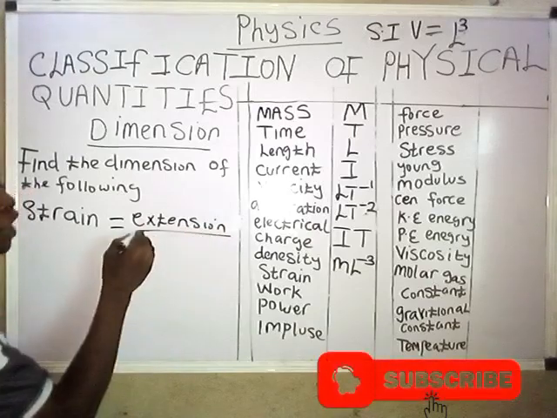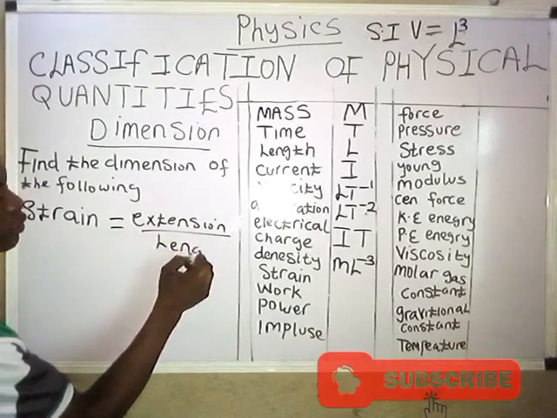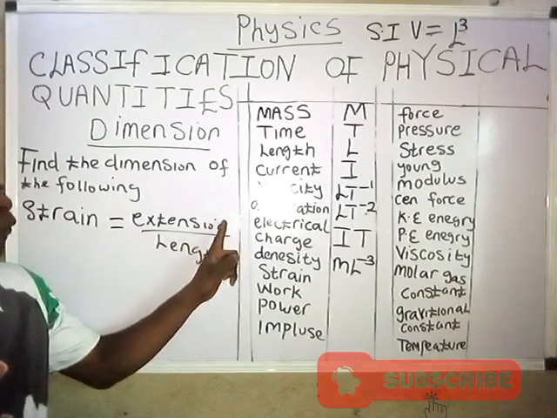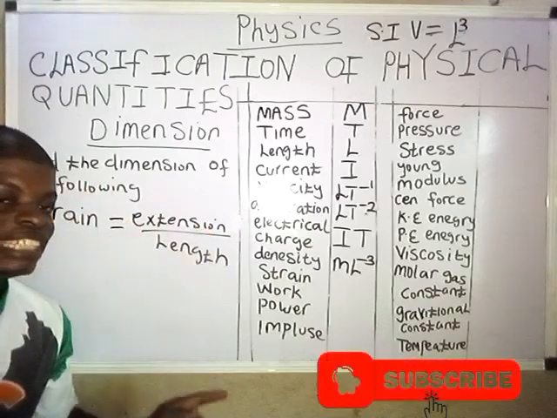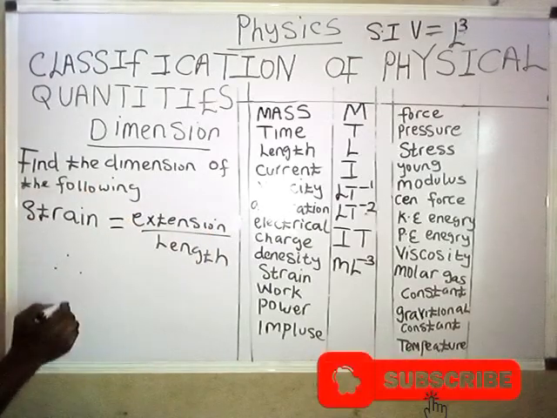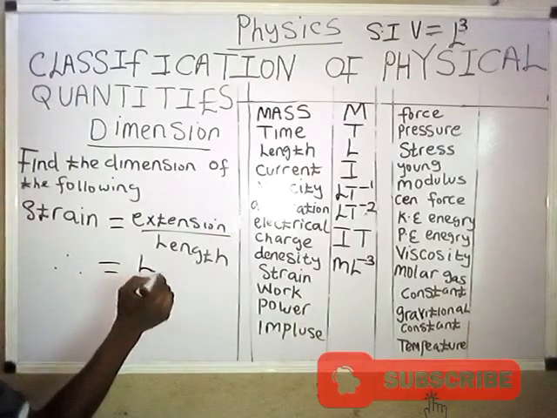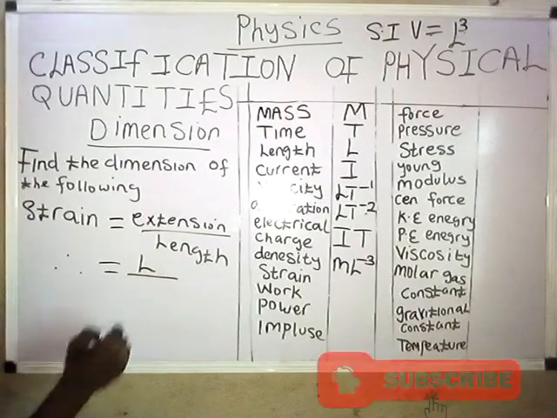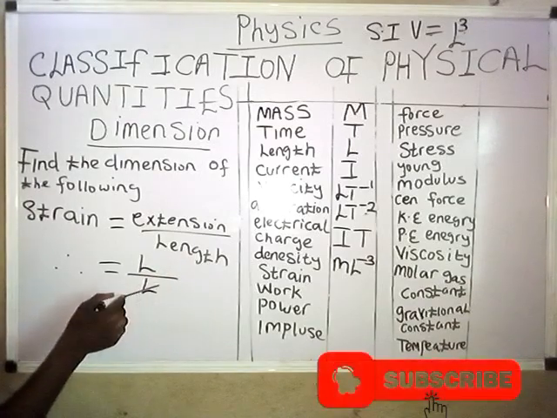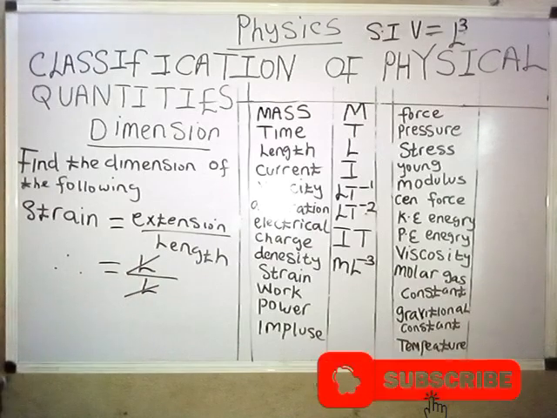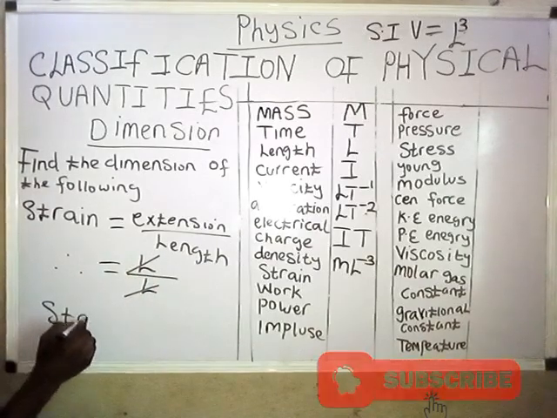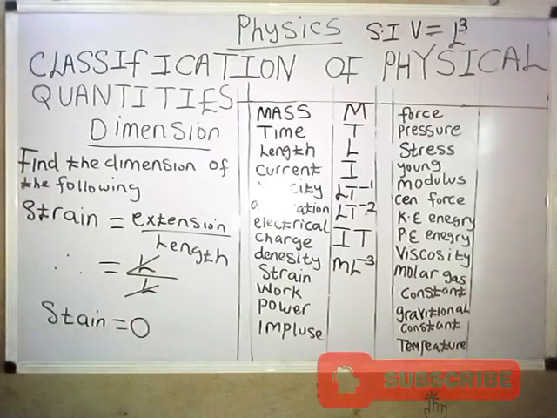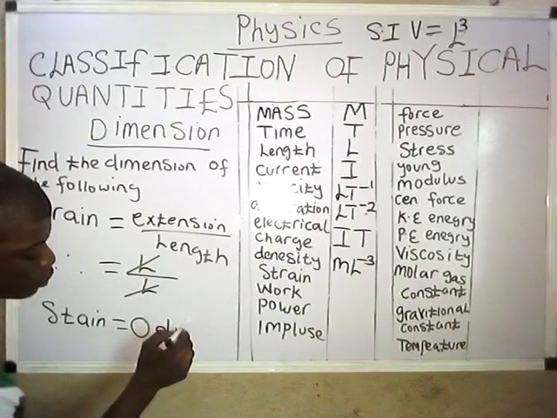The SI unit for extension is length, so extension is length over the dimension for length, which is L. So L cancels L. So we can therefore say that strain has zero dimension.